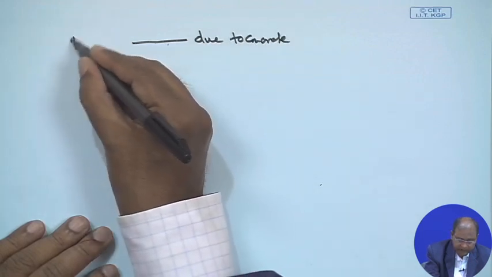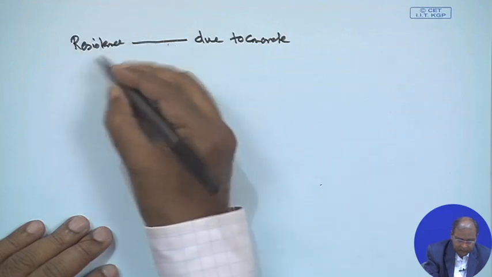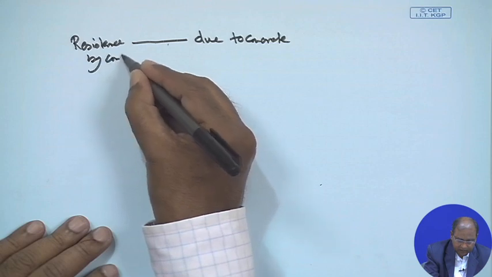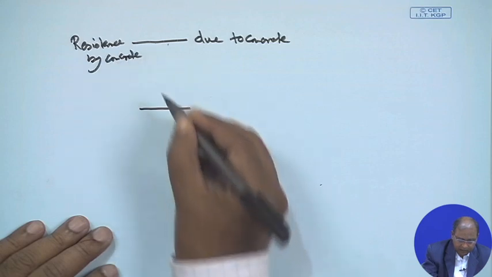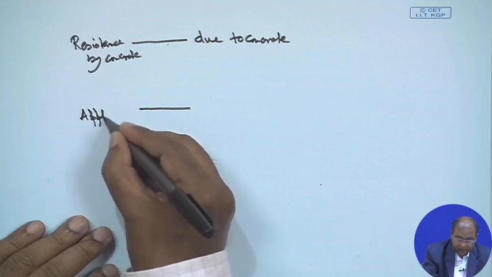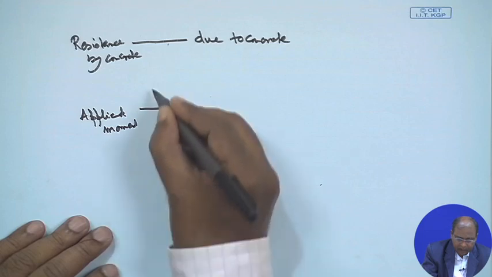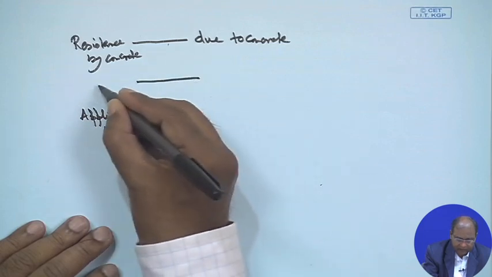This is the resistance by concrete, this is your applied moment, and steel will come here.